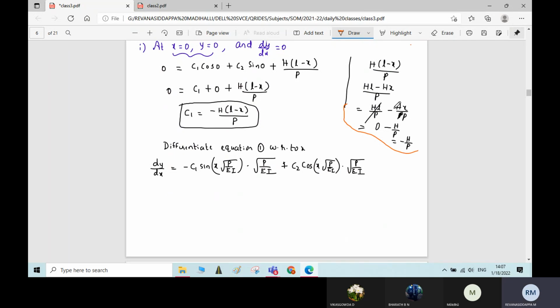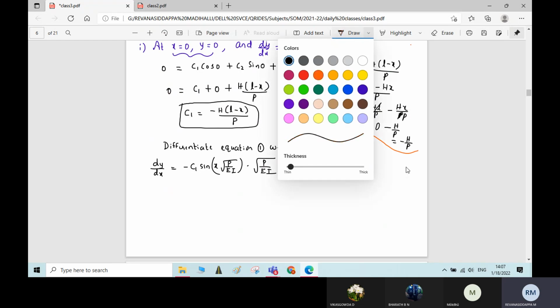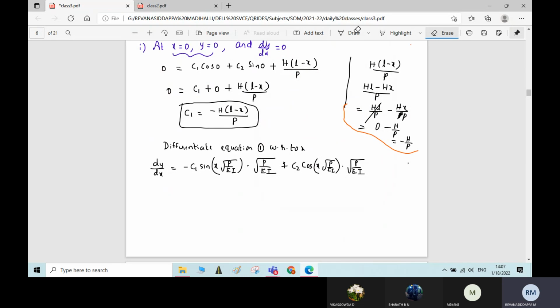After differentiation, the differentiation of the constant will be 0, and the differentiation of hx by p is h by p. So my answer here will be minus h by p.